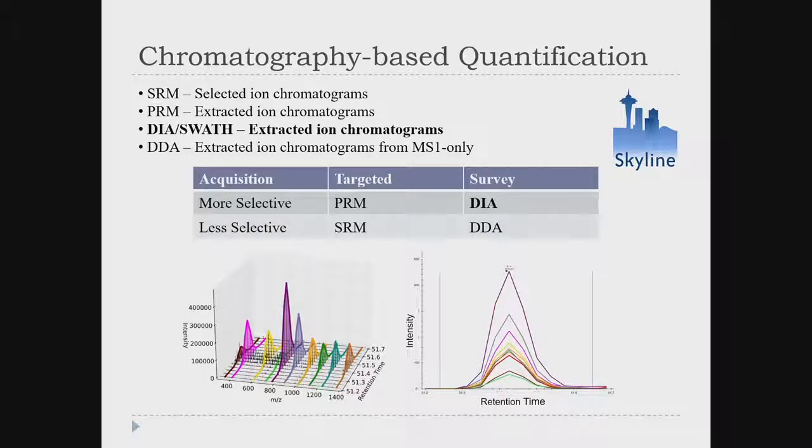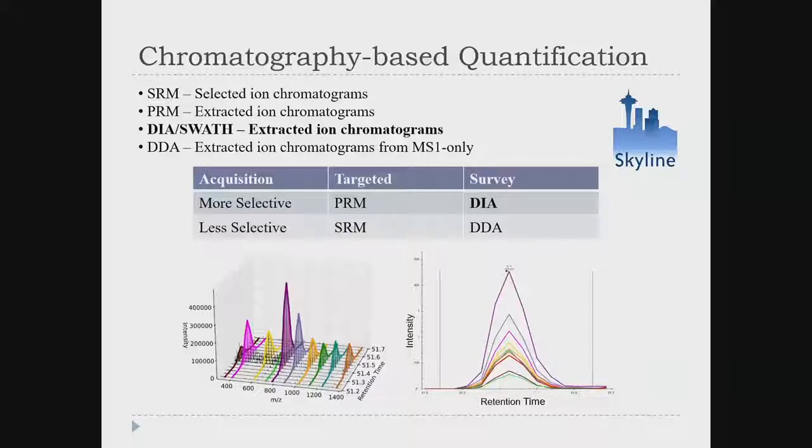As Skyline grew out of just being an SRM tool, I had to come up with some definition of what it did. When I was asked to speak at quantitative proteomics workshops, I wanted something to differentiate it from isobaric tagging and spectral counting, which are other quantitative methods that people use in the proteomics community.